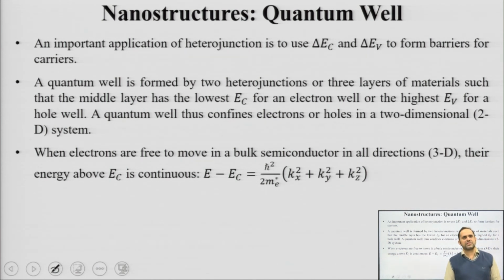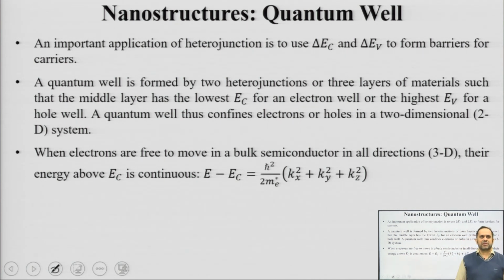One such arrangement is known as a quantum well, which is formed by 2 heterojunctions, or it can also be formed by 3 layers of material such that the middle layer has the lowest value of conduction band energy for an electron well, or the highest valence band energy for a hole well. So, by well here we mean a barrier.